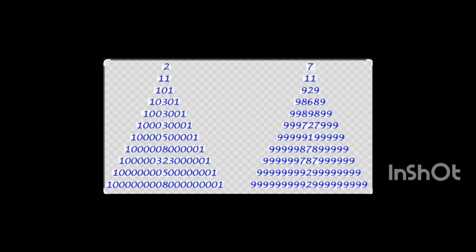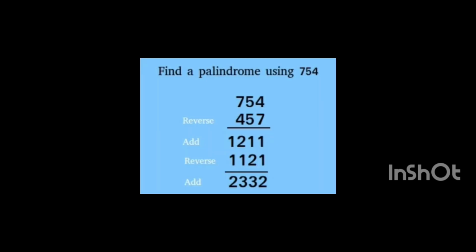We can also make similar types of prime palindromic pyramids, like you can see here in the two columns: 211, 101, 10301, and here 711, 929, 98689. Finally, we can find a palindrome number from a random given number.